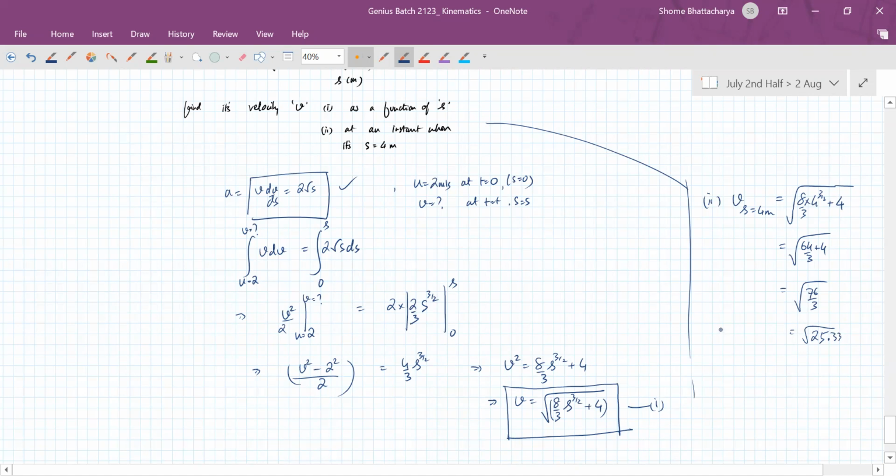So it's going to be pretty close to about 5 meters per second.